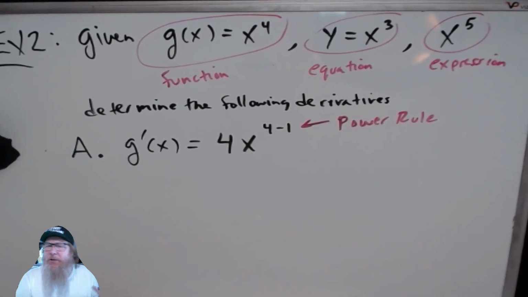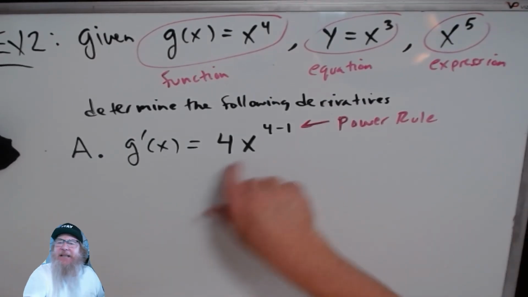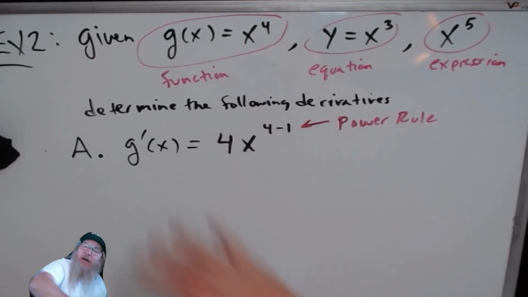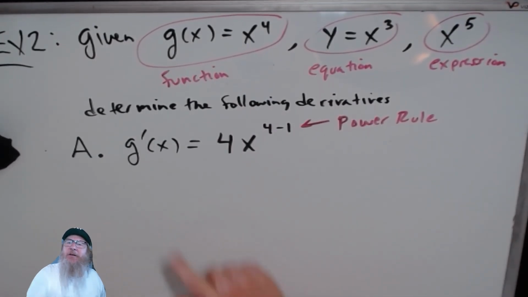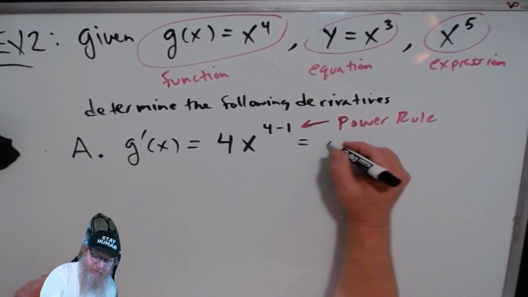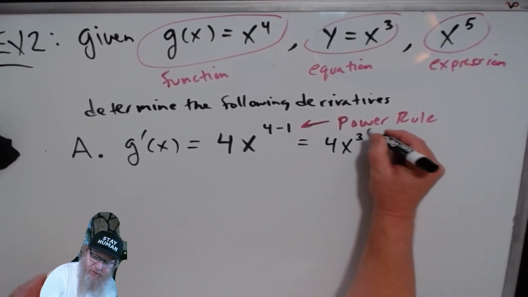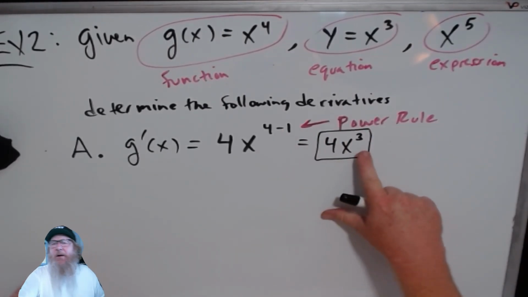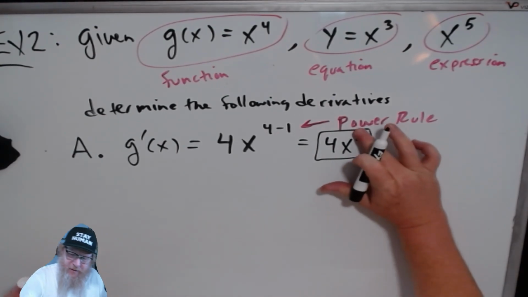I like to distinguish between n's and k's, although they do mean the same thing. But n is the power, which then becomes the constant. So there's your 4. And then the new power is 1 less than the old power. So it's 4x to the 3rd.